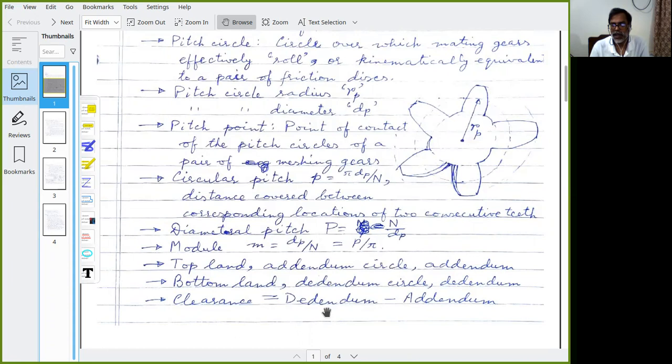The difference between dedendum and addendum is the clearance. And that is necessary because if this clearance were not there, then the top line of the tooth of the other gear would interfere with this. Okay. Fine. So these are the basic definitions that you have to typically get home with.